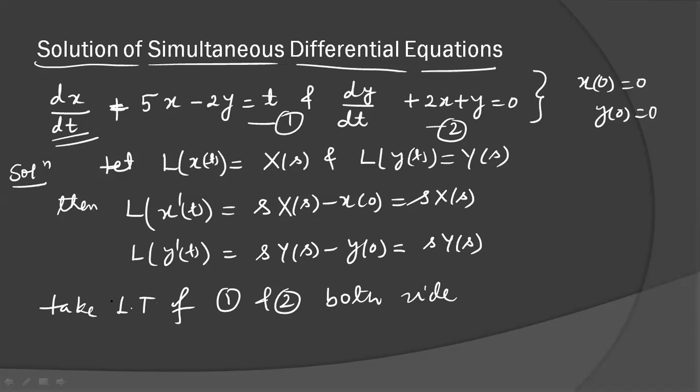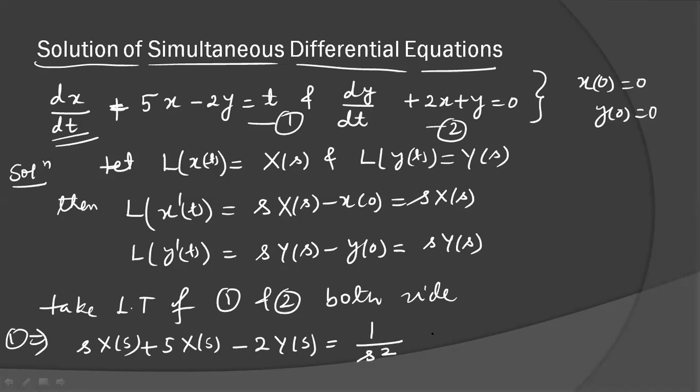So what will we get here? The Laplace of the first equation gives sX(s) plus 5X(s) minus 2Y(s), and Laplace of t is 1 over s square. And the second equation gives sY(s) plus 2X(s) plus Y(s), and Laplace of 0 is 0.